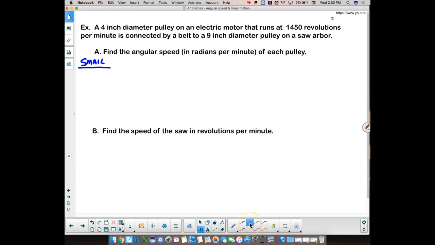So the small one is working at 1450 revolutions per minute. I want that in radians per minute. 1 revolution is 2 pi radians.